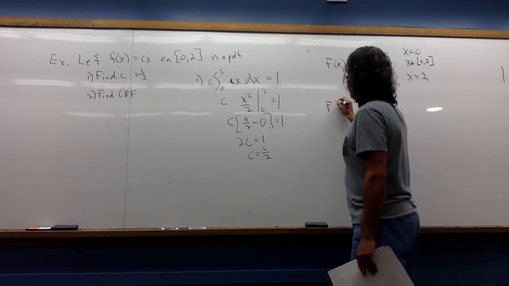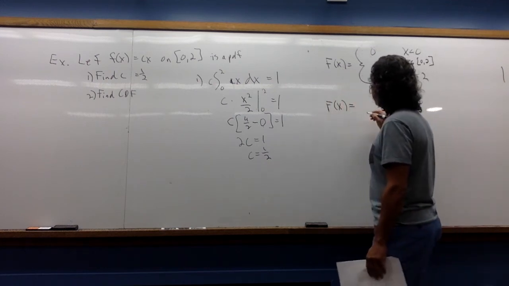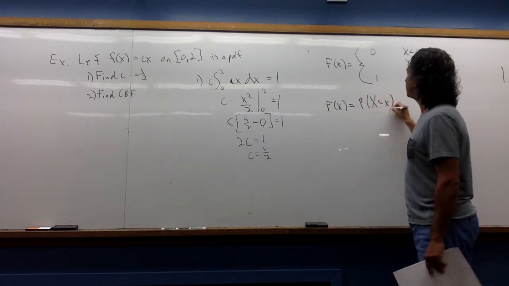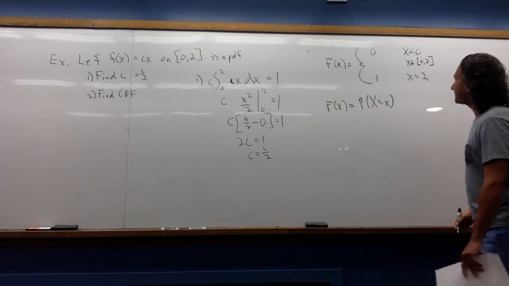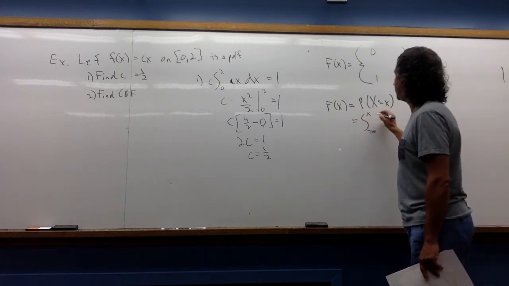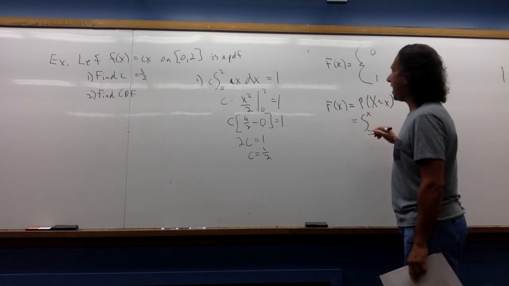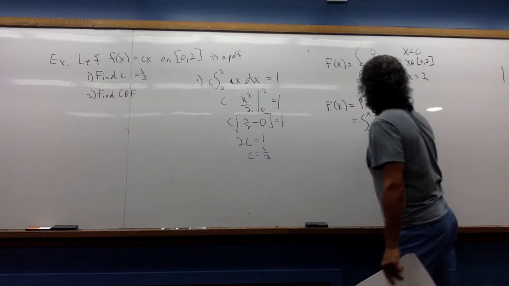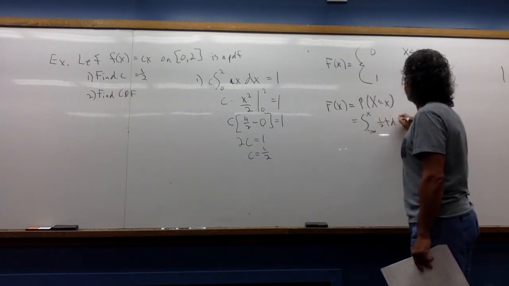Okay, so big F of x, by definition, is going to be, again, the probability of being less than or equal to a particular point, which is the integral from negative infinity to that point of f of t dt. f of t, so 1/2 t dt.